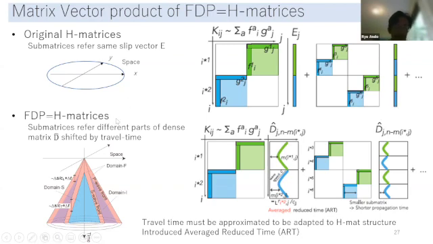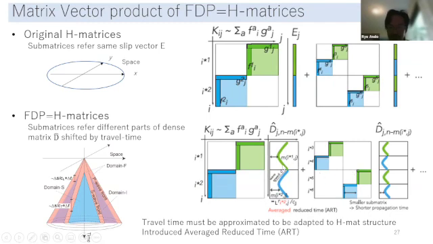But for the dynamic case of the FDP-H matrices, the slip has a history in time. So we have to consider that the submatrices have to refer to different parts of the dense matrices, shifted by travel time like this.